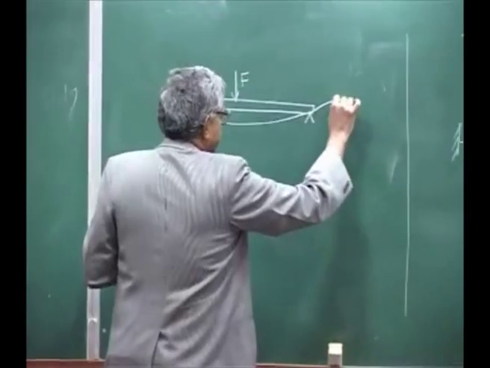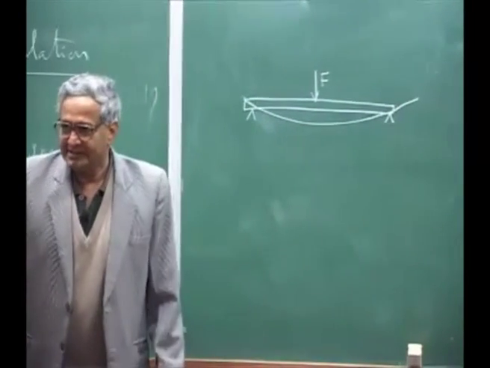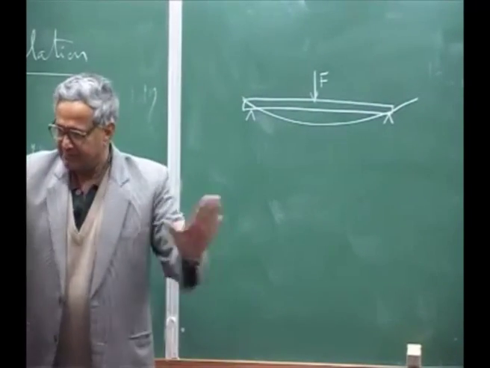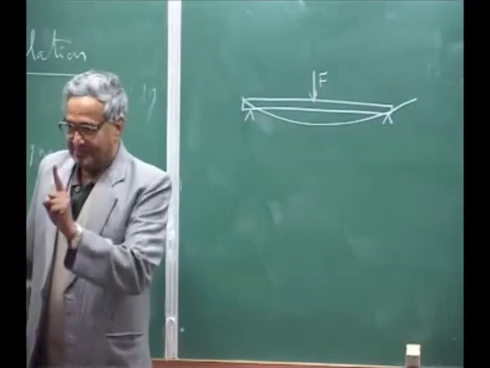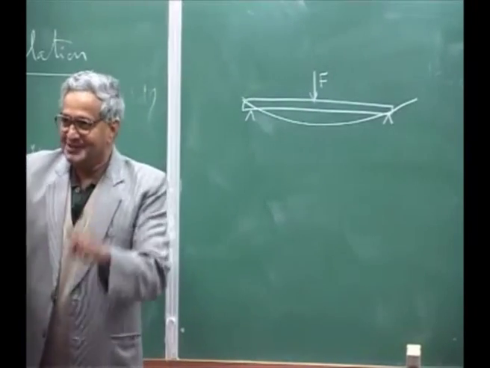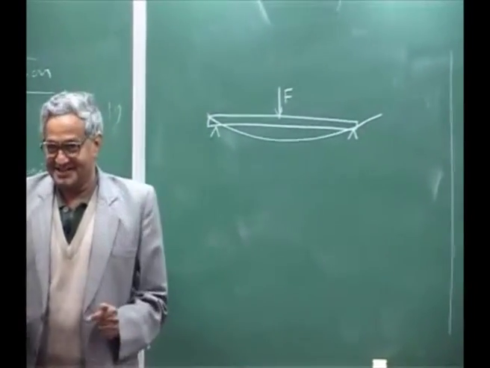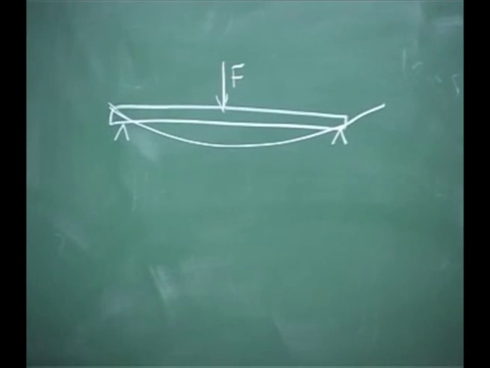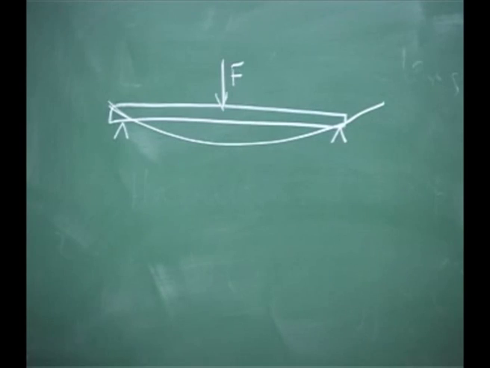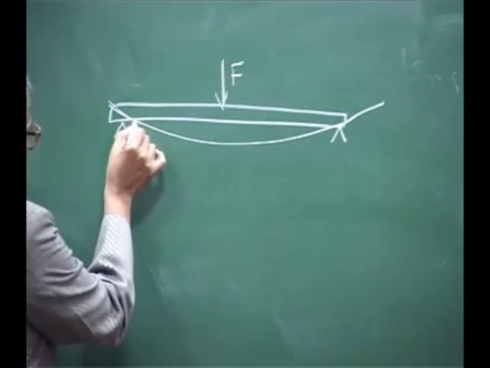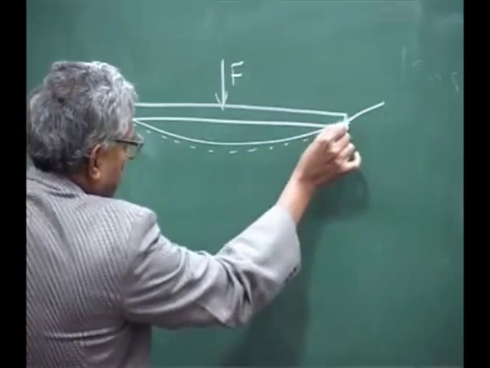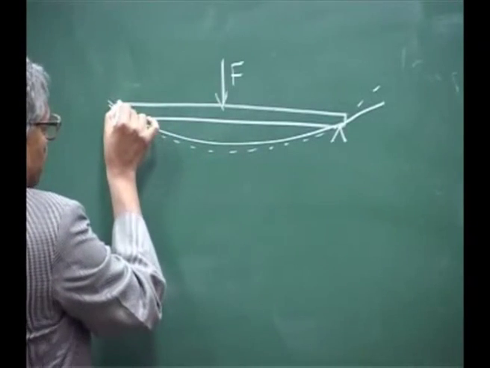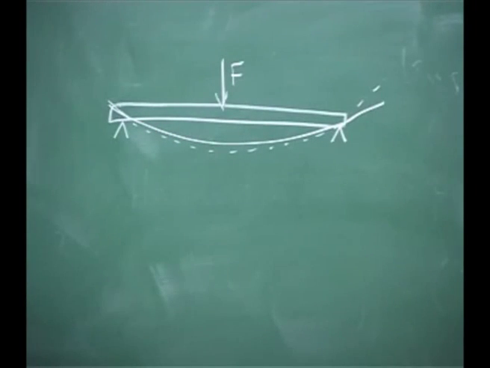It may be like this. But it is one. When I apply that F, it deforms always in the same configuration. Why does it choose that particular configuration? Why can't it choose a slightly different, any other varied configuration?